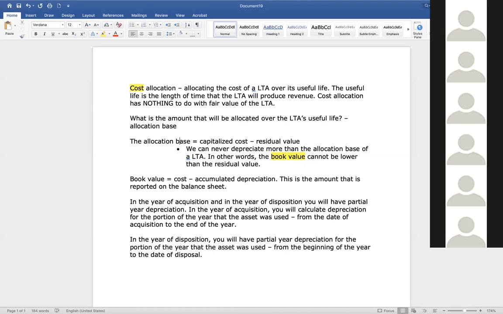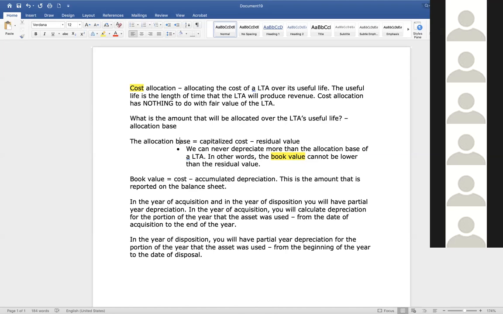Depreciable base over the number of units expected to be produced. Okay, good. Nicole, sorry. Yes, so again, your numerator is your allocation base, and the denominator is how many units I expect this asset to produce.